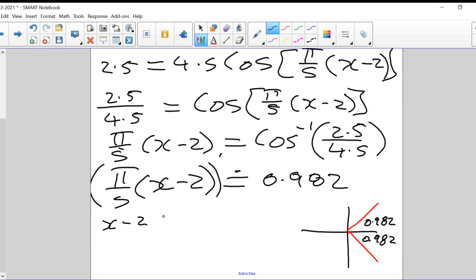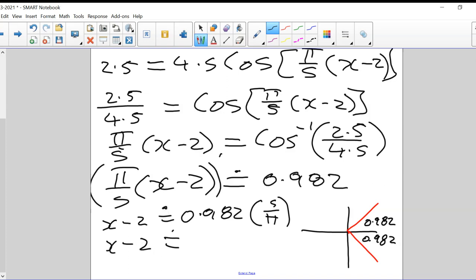So x minus 2 is equal to 0.982 times 5 over pi. Let's test that out. Remember, there are several answers for this, and we're trying to find the very first answer. Okay, can I ask you to do that for me, please?